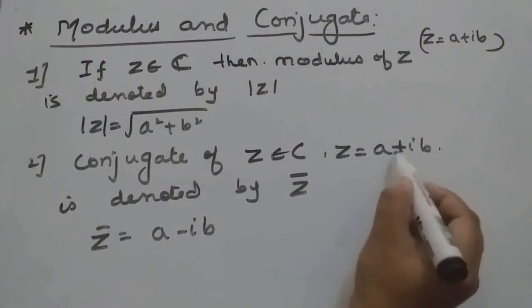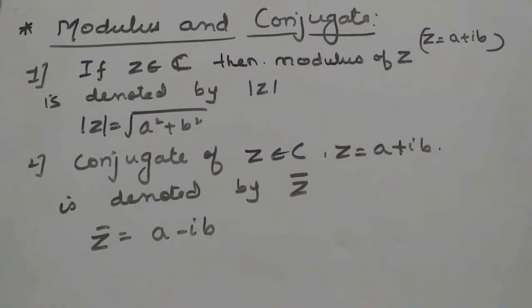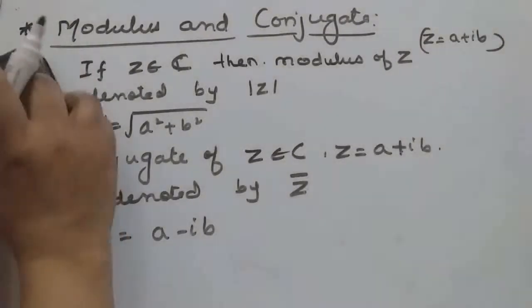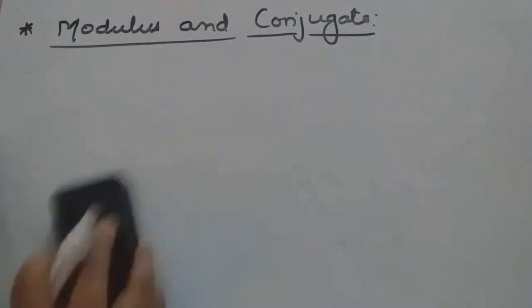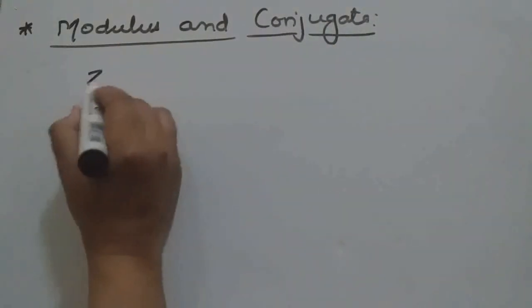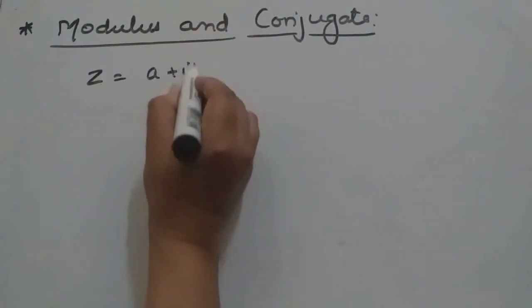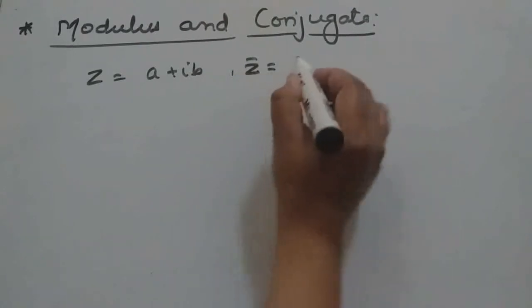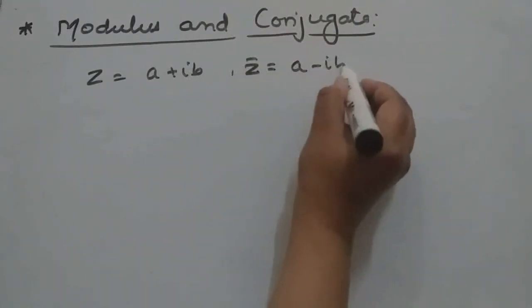Okay, change the sign: a plus ib, so a minus ib. Now one more thing we can see here: z is a plus ib, z bar is a minus ib.